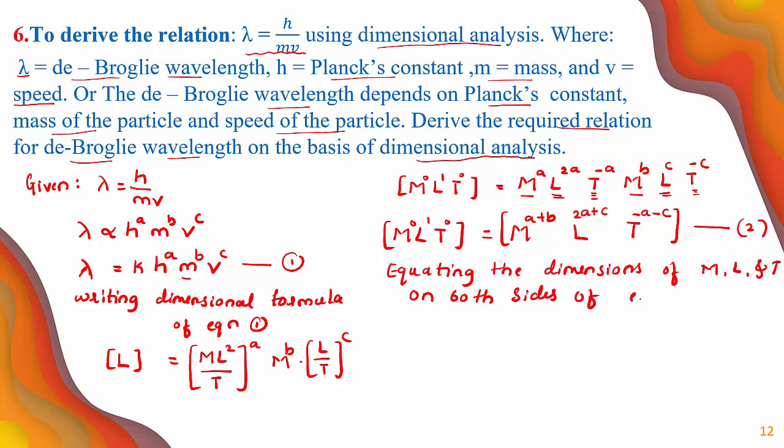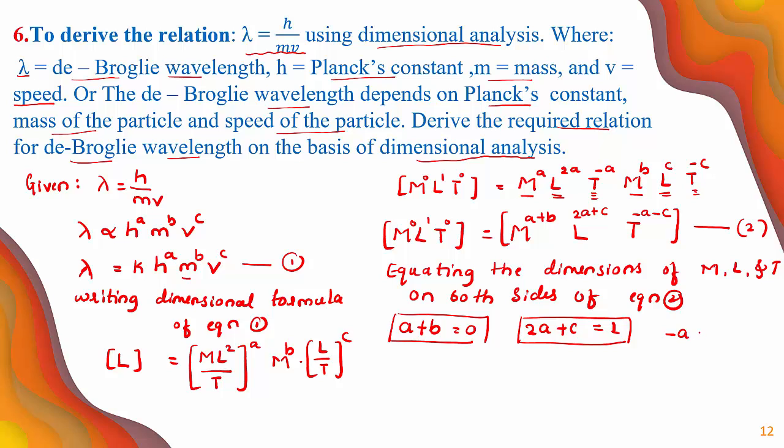M raised to 0, leave it. Remaining is M raised to a plus b, so I can write a plus b equal to 0. Then the second term, L raised to 2a plus c equal to L raised to 1. Then the third term, T raised to minus a minus c equal to 0.